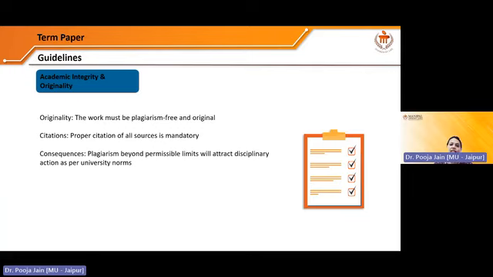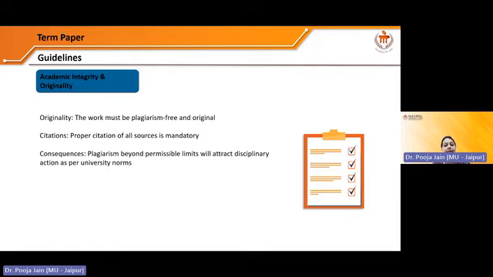Whatever references you have given in your term paper, you will have to cite them as well. In which place? In the introduction part and in the review of literature part, you will make citations, and you can put citations in the discussion part as well. So there are three places where you can make citations and increase the worth of your paper, right?